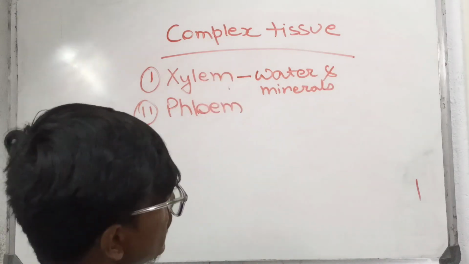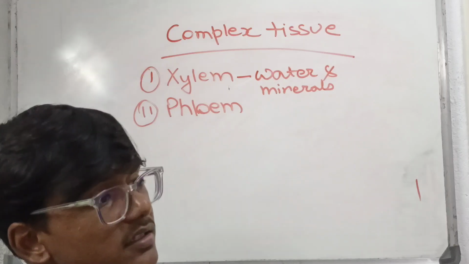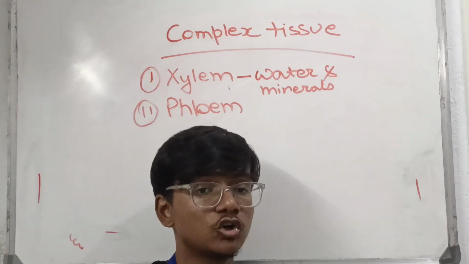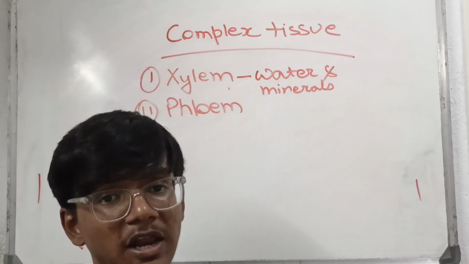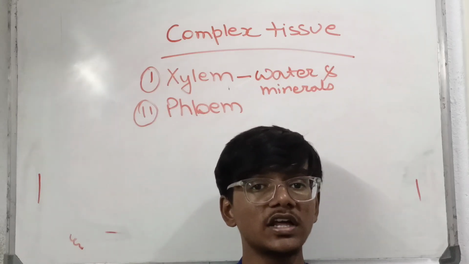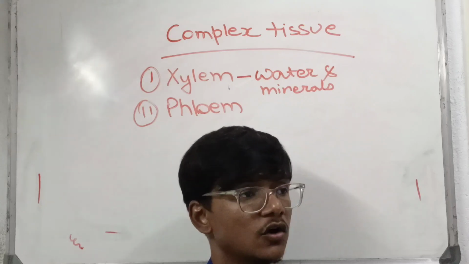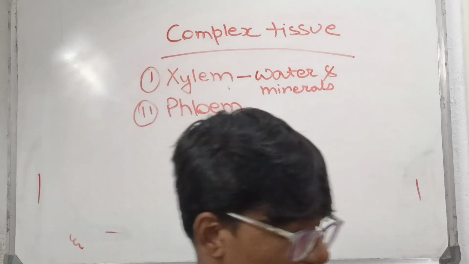The direction of this xylem, you can say, is unidirectional. Why do I say unidirectional? From the root, the water goes upward in the plant, so it goes in one direction only. This xylem has some different types.